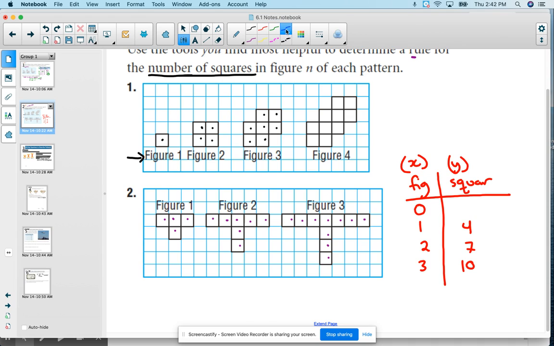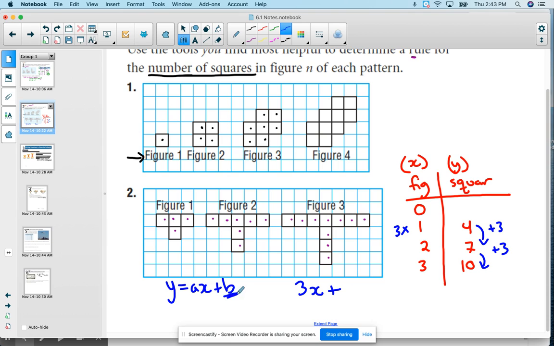So my pattern, what I'm going up by or down by, is going to tell me what I'm multiplying by. So I'm going up by 3s. So this is going to tell me 3 times, this is my x, so 3, whatever my number is, tells me my coefficient. So this is the standard equation. This 3 is always going to go in front.